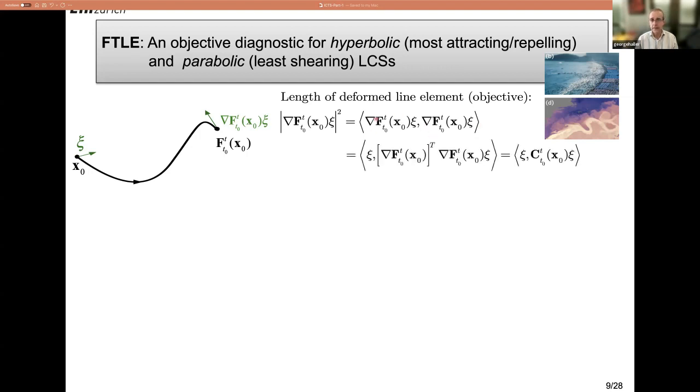And then using the properties of a transpose, I grab this grad F here and put it here, so that will appear here as a transpose. And this is what's called in continuum mechanics the deformation gradient transpose times the deformation gradient, the Cauchy-Green strain tensor, okay? And therefore, when you look at this quadratic form, clearly the Cauchy-Green strain tensor C calls the shots.